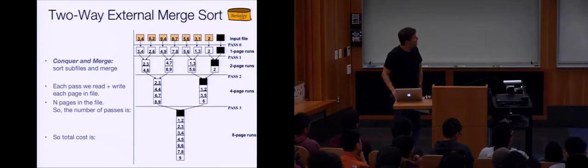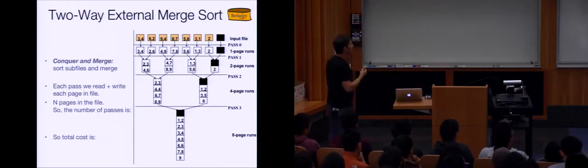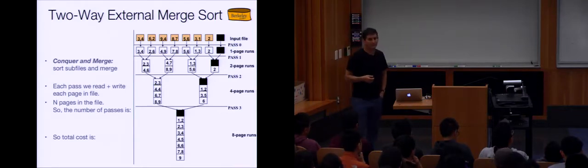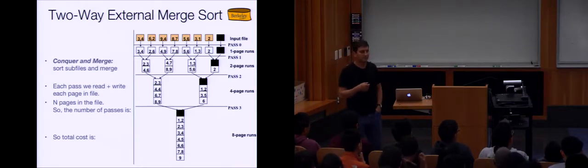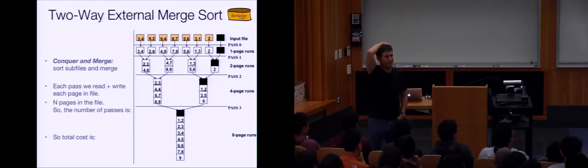All right, so let's think about the cost of this algorithm. There's n pages in the file, right? So the number of passes is what? How many passes, as defined here on the slide, will we take on this file? Shout it out. Log n, log base 2, right?